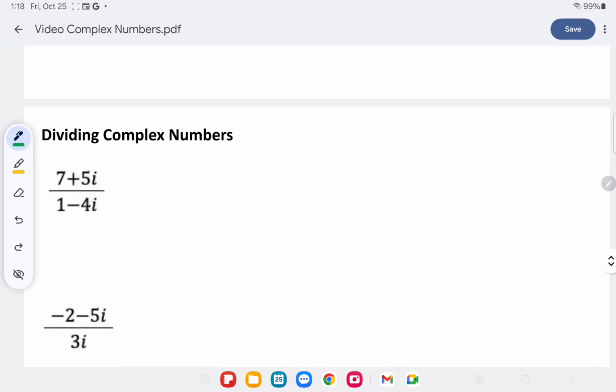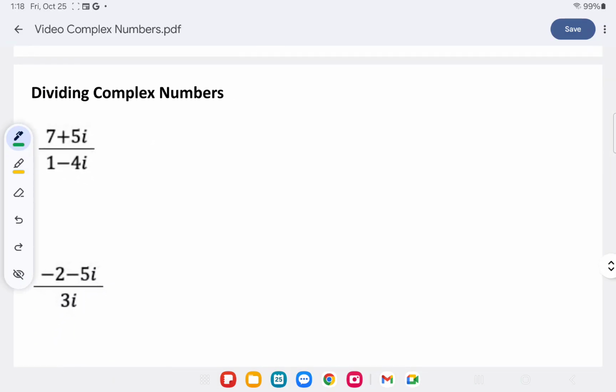The last skill we need to talk about with simplifying complex numbers is if you have an i in the denominator, it's kind of like rationalizing the denominator. We don't want an imaginary component in the denominator. So just like when we rationalize fractions, we're going to multiply the numerator and the denominator by the conjugate in order to get rid of the imaginary component.